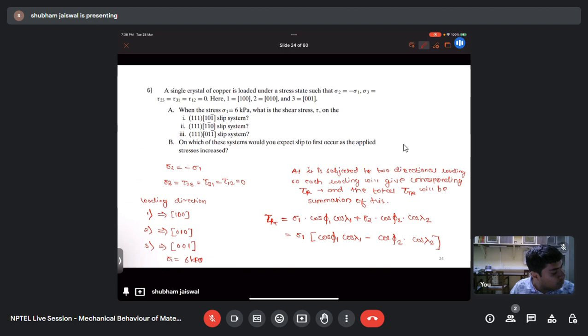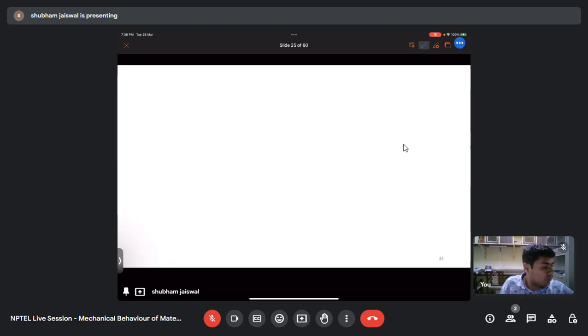If you compare it with the original equation, this is nothing but similar to our m dash, that is m1 minus m2, and this is our sigma. So you just need to find out cos phi 1, cos lambda 1, cos phi 2, and cos lambda 2, and you will get the answer. I'll write down the first system. The first system is the (1 1 1) slip plane and the [1 bar 0 1 bar] direction, with loading in 100 and 010.